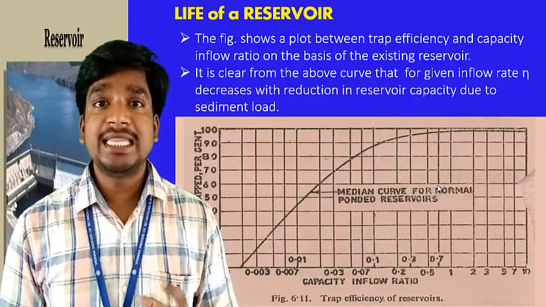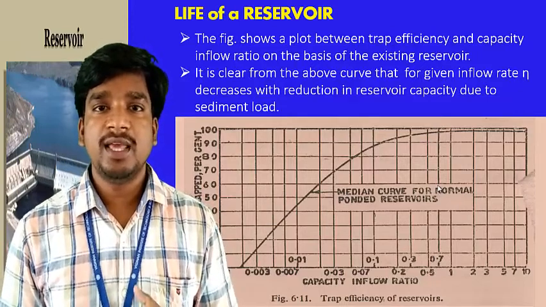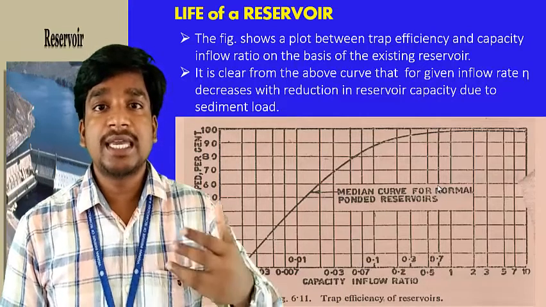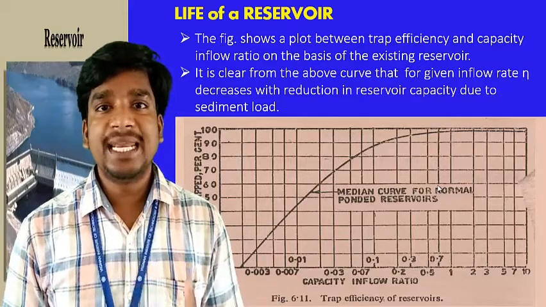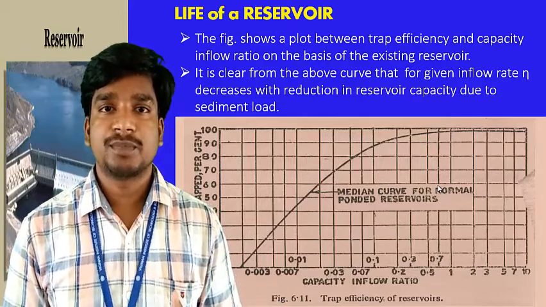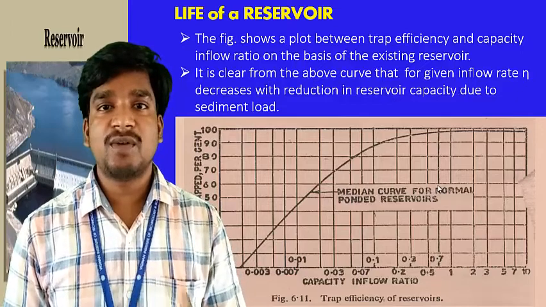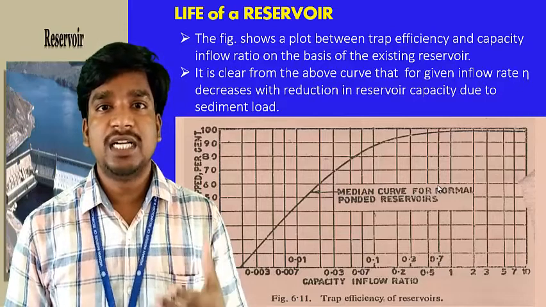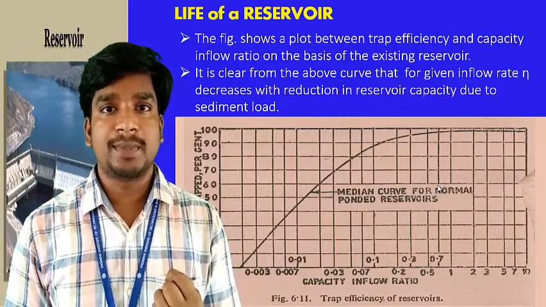Why? Because in the initial stages of a reservoir, there is no silt in the reservoir, so a higher rate of silt is forming during the beginning stages. As time passes, silting takes place in the reservoir, and the rate of silting will decrease.